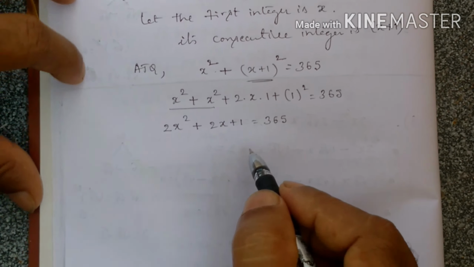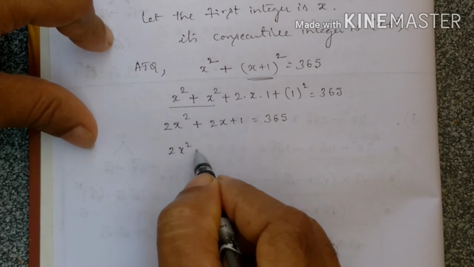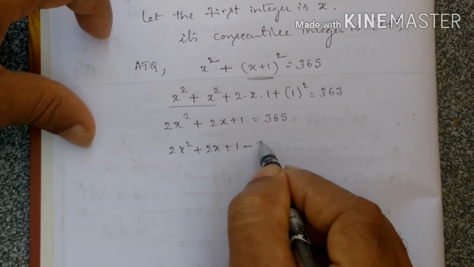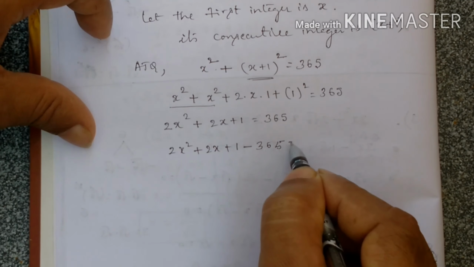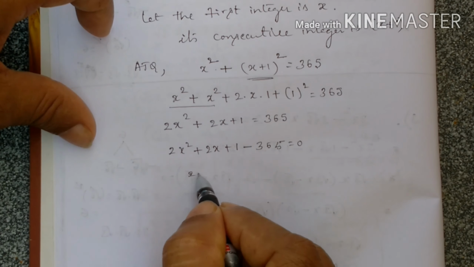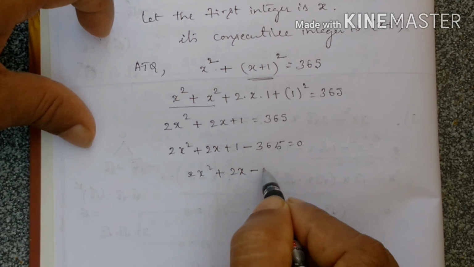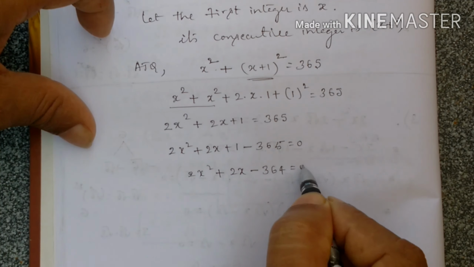Shift this to the LHS, that becomes minus 365, equal to 0. Nothing but 2x square plus 2x minus 364 equal to 0.